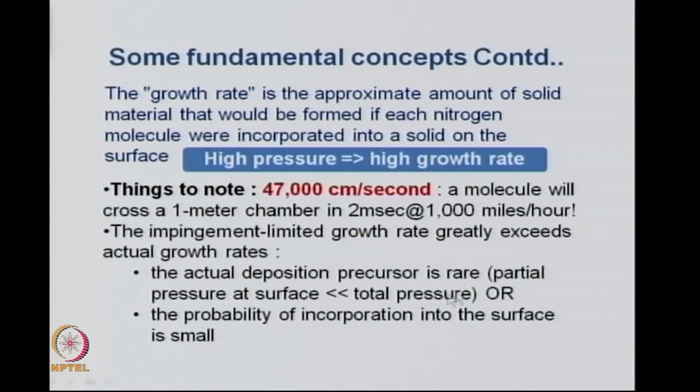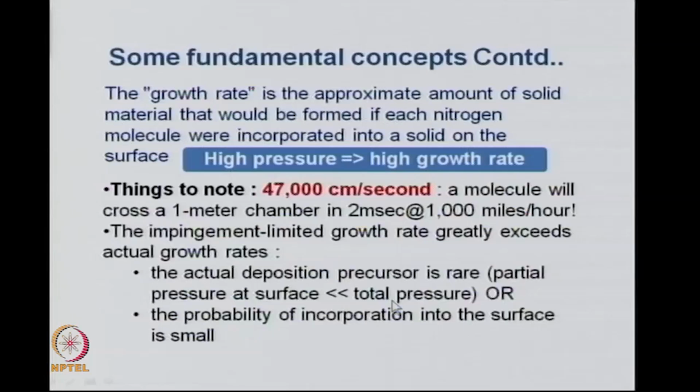will not be the same, because the partial pressure at the surface will be less than the total pressure inside the gas. The other possibility is that the probability of incorporation of the gaseous molecules onto the surface is small.